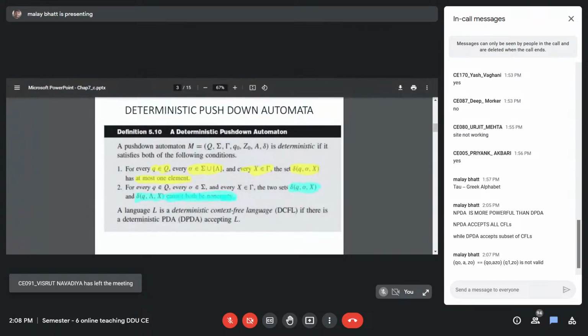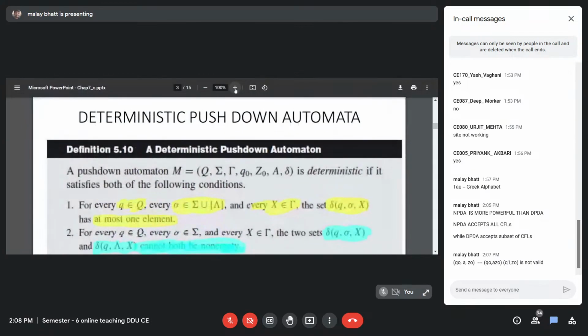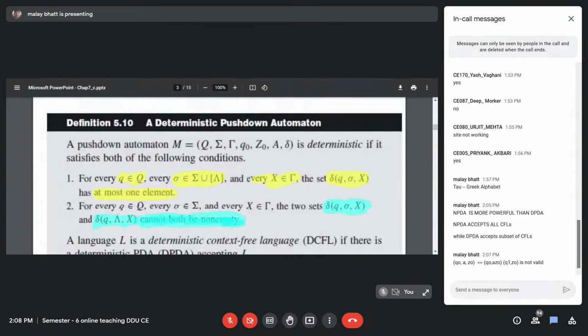The second rule is, if there is a null in the input, then that state and the top of the stack should not be used with another alphabet. When there is a null in the input position, that state and the top of the stack should not be used with any other input.